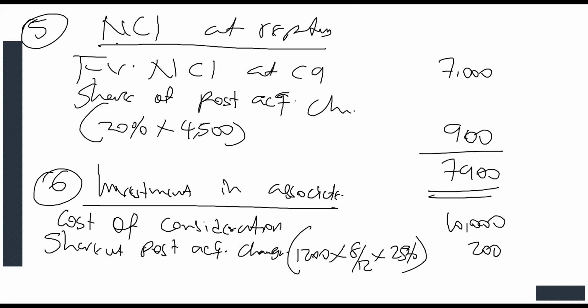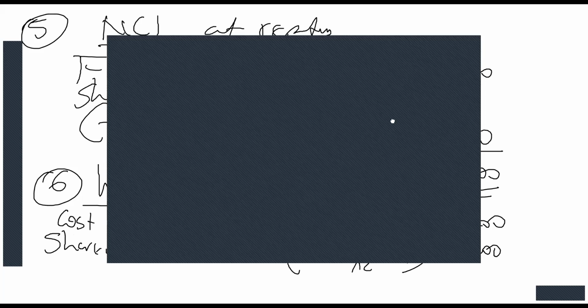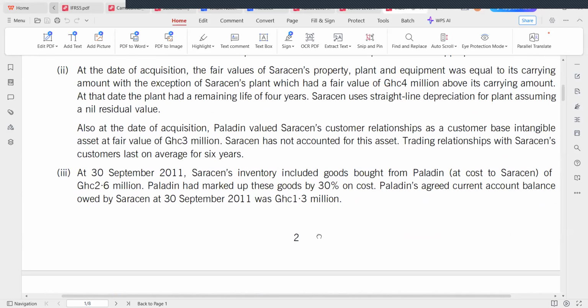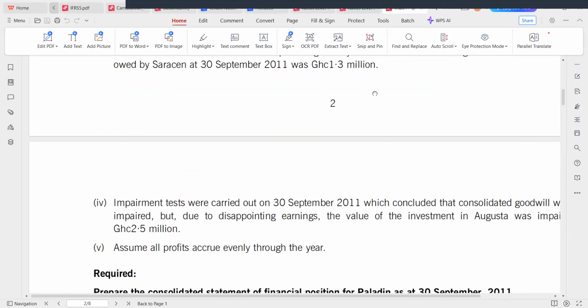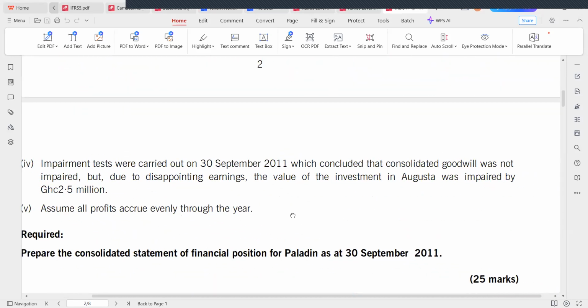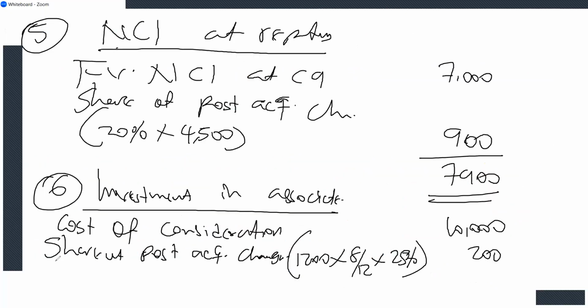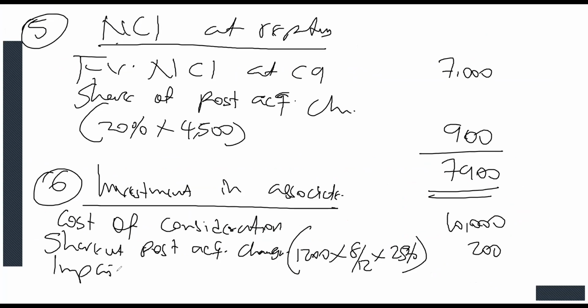Again, there are impairments of assets. So let's go and check the impairments. That's note 2. Here it is. They say Augusta was impaired by 2,500. Write everything in full. Impairment 2,500. You subtract. What do you get?